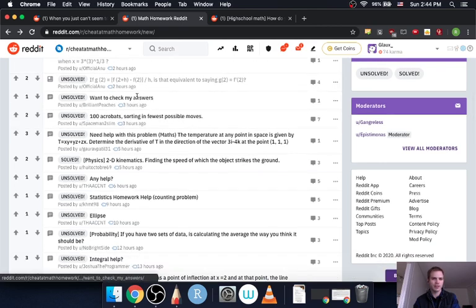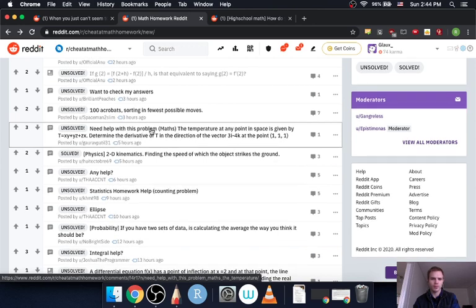Let me check my answers. Need help with this problem. Math. The temperature at any point in space is given by blah. Determine the derivative of t in the direction of the vector.